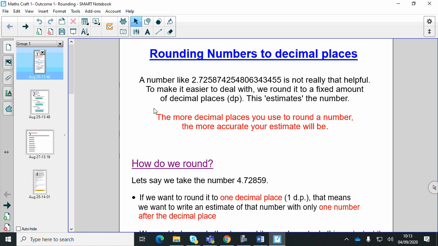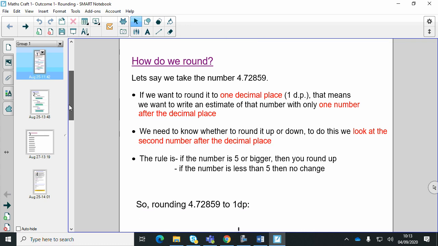So, how do we round? Let's take this number here, 4.72859. What I'm going to do first is round it to one decimal place, 1 DP. That means we want to write an estimate of that number with only one number after the decimal point. At the moment, we've got 5 numbers after the decimal point.